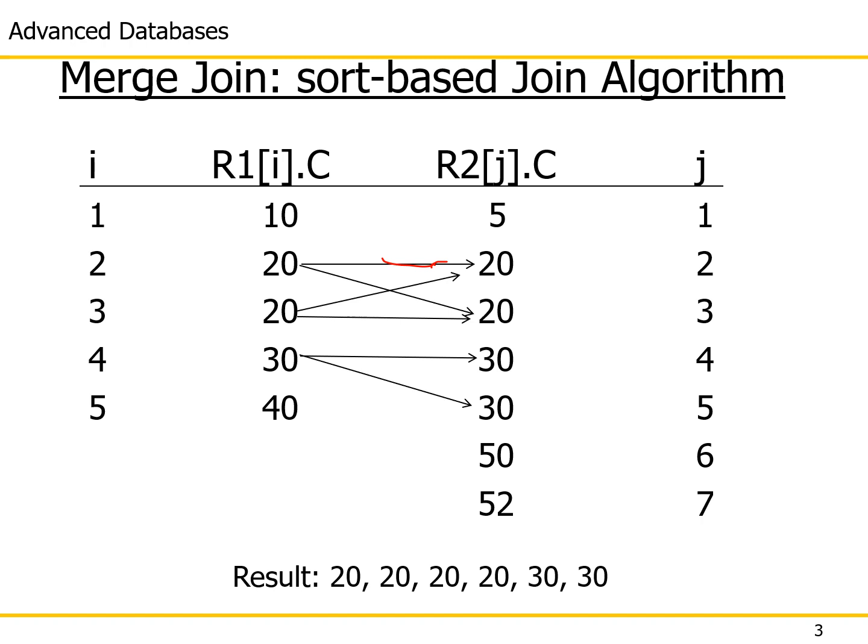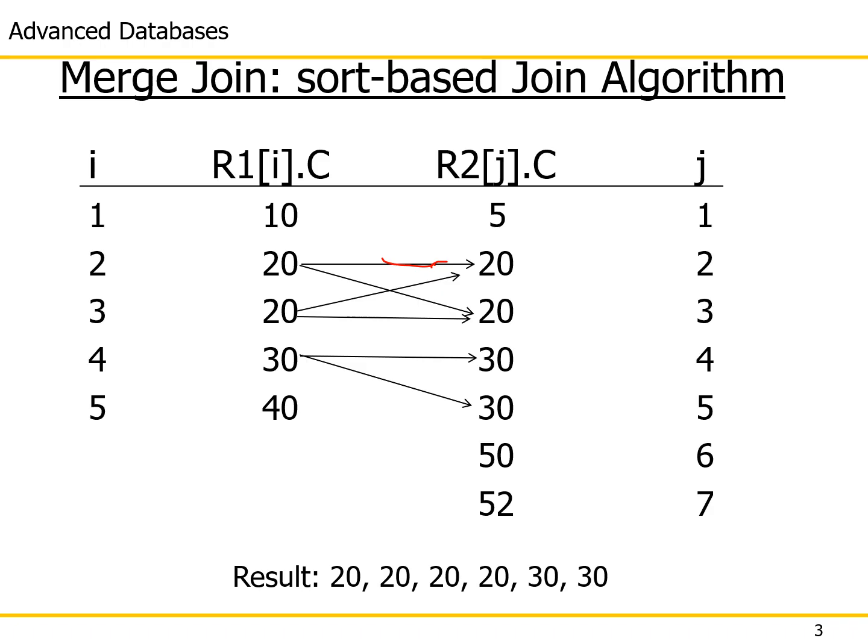I'm going to put a red line here that shows you what I'm referring to, the one that's labeled with this mark, and then I'm done. What I need to do is I want to make sure that I also pair the first 20 on R1.c, which is at row 2, with the second 20 on R2.c. Okay? So this is what we're going to do.